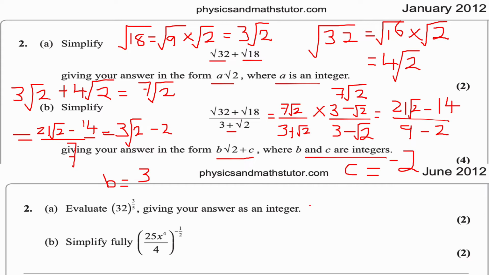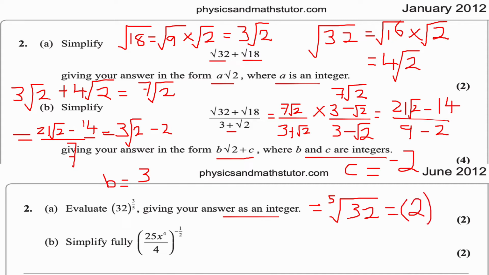Okay. Question number 2a, evaluate this. So 32 to the 3/5, giving your answer as an integer. So it's the 5th root of 32. So the 5th root of 32, guys, is equal to 2. And then I'm going to raise my answer to the power of 3.